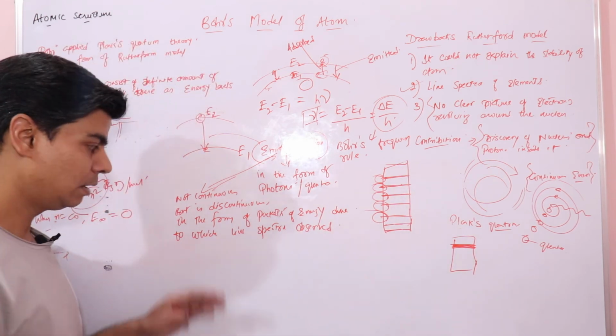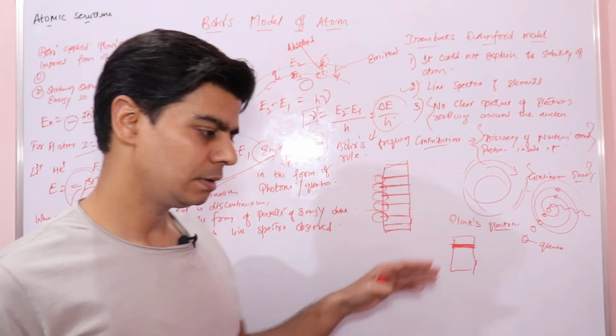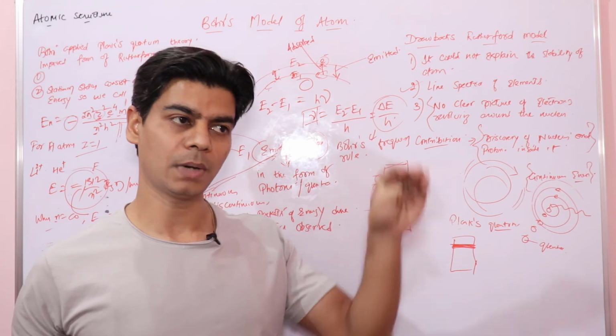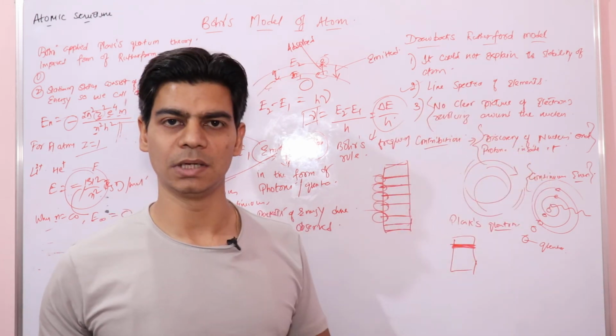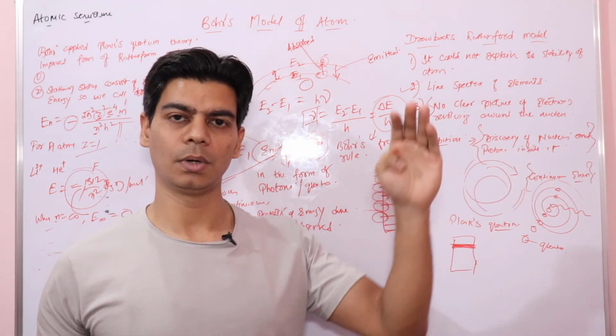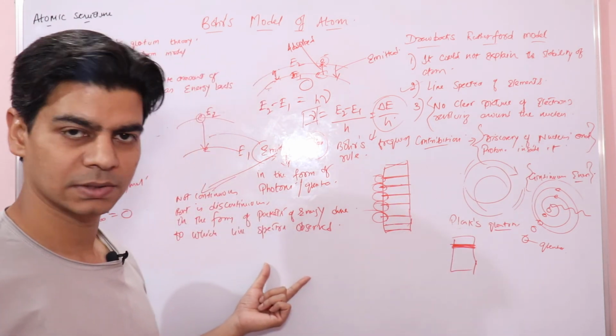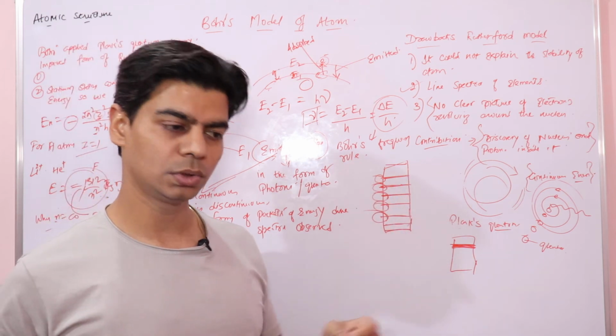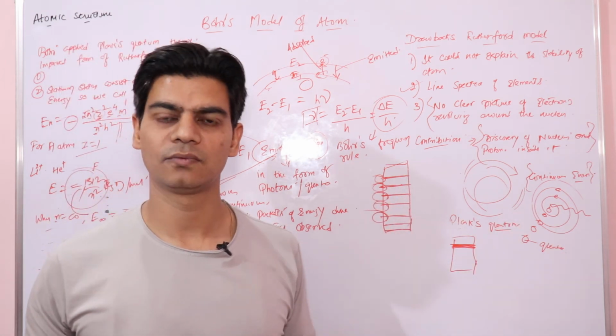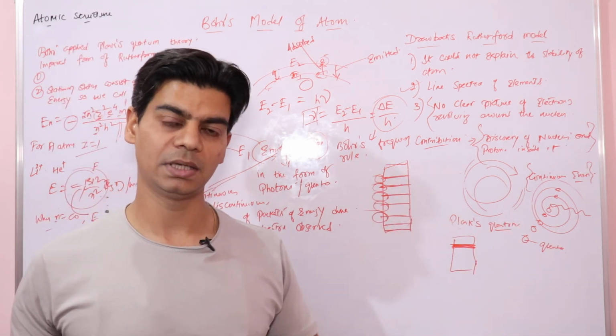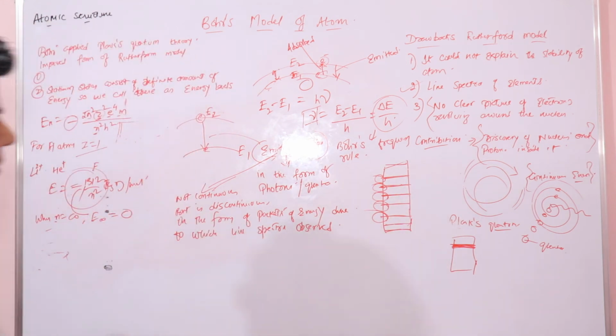Basically, line spectra is observed when an electron transitions from a higher energy level to a lower energy level and emits radiation in the form of packets, and these lines correspond to the emitted radiation that is discontinuous. So this explains the line spectra.